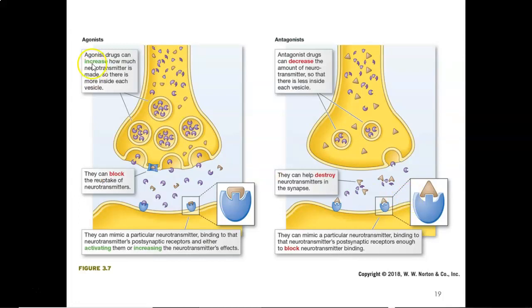So here we've got an agonist, here we've got an antagonist. Agonist drugs increase how much of a neurotransmitter is created, so there is more of that neurotransmitter to release into the synaptic gap. They can also block reuptake, like an SSRI.